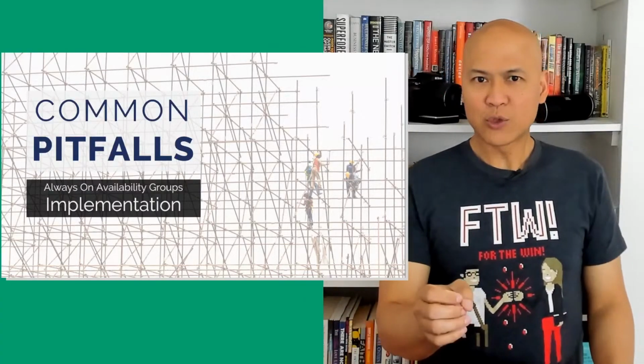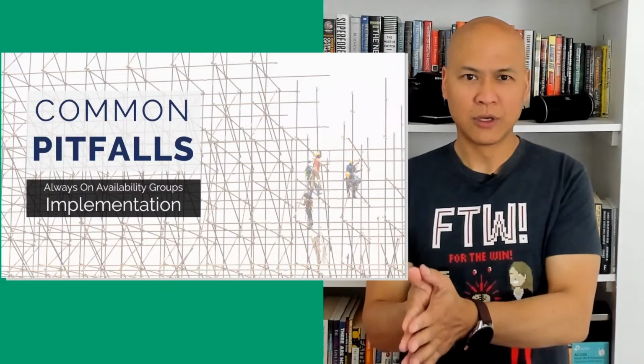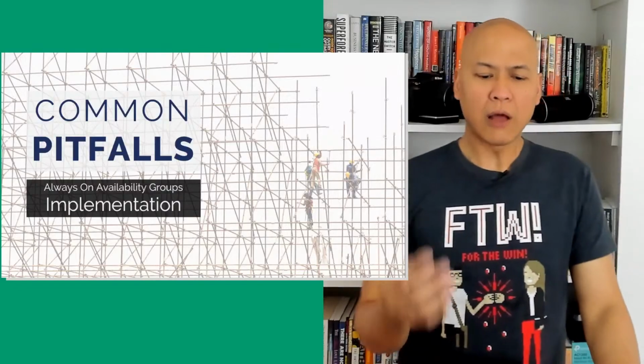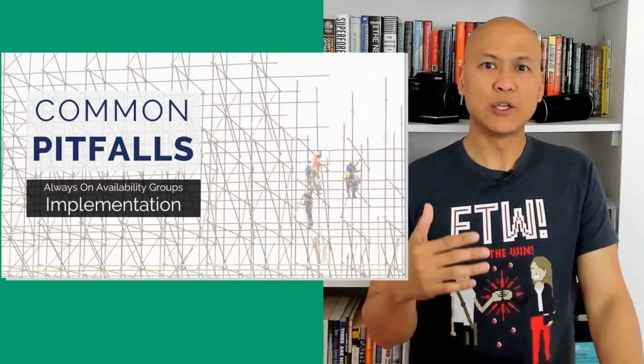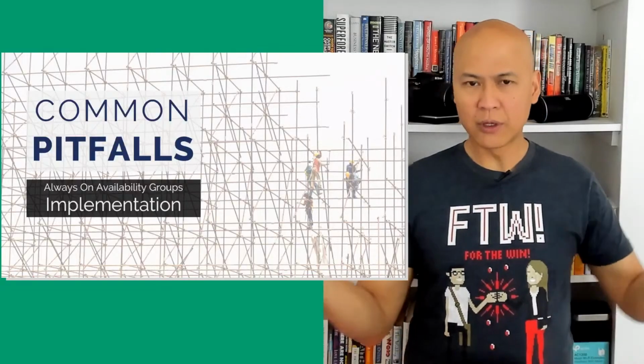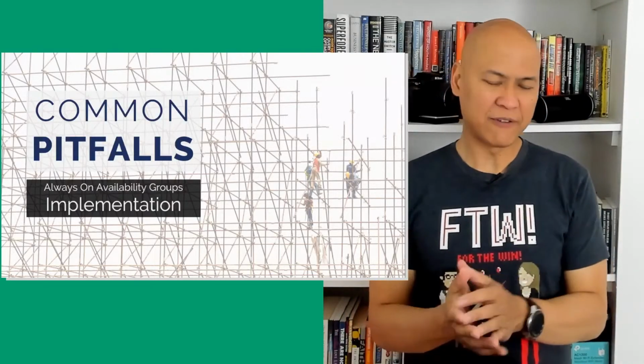You're now at that stage where here's the implementation plan. We are about to deploy this in production, okay? I've seen a lot of these pitfalls and you want to avoid them if you can. There are so many, but they fall under what I call 3 big buckets of common pitfalls.